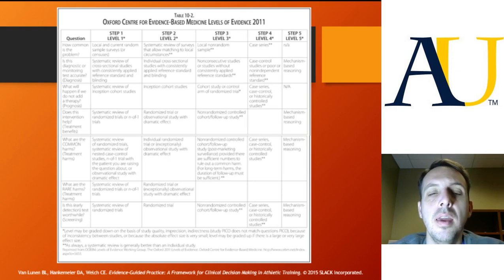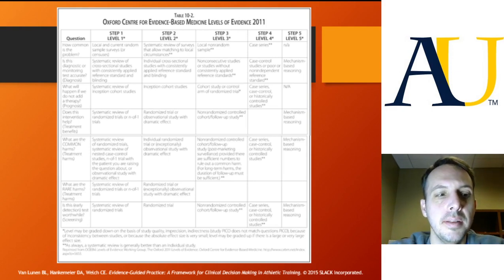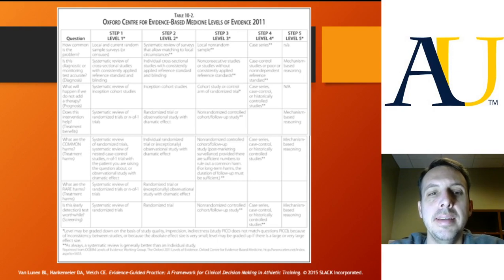And so even within the Center for Evidence-Based Medicine, or OCEBM component, you really have two different classifications of the levels of evidence. And so although it's important to be able to identify each one of these, and I do recommend that you spend a significant amount of time reading up on these, and there are additional resources available at the OCEBM website describing each component with this.